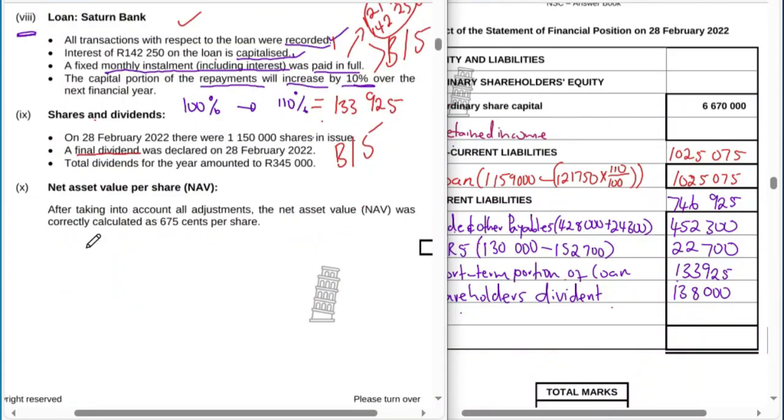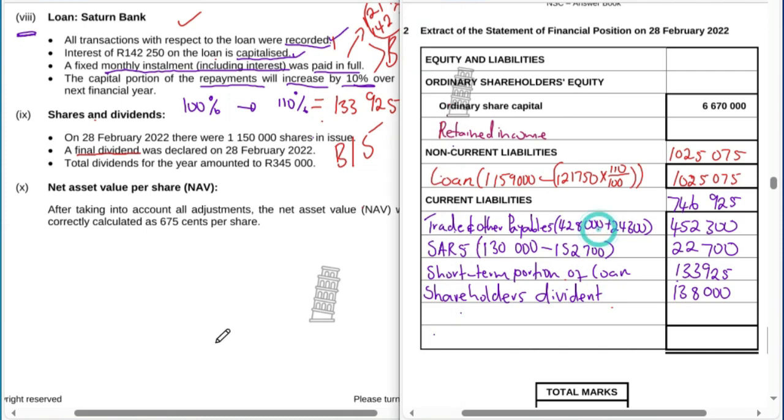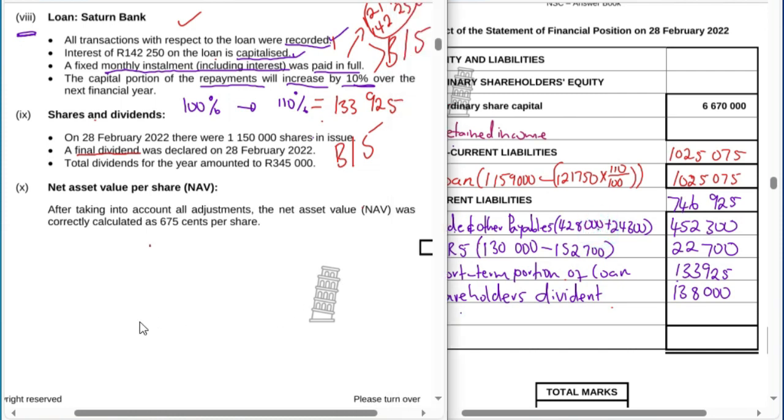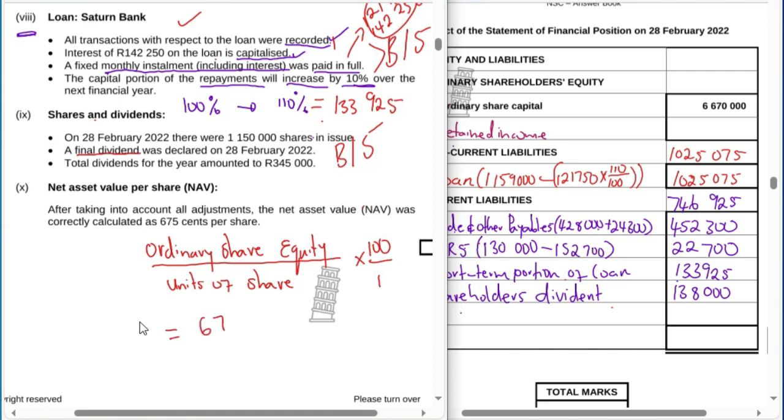So under NAV guys, we have the formula for NAV, which will be our ordinary shareholders equity divided by units of shares multiplied by 100 divided by 1, and then it gave us in this case 675 cents, and then it gave us this.